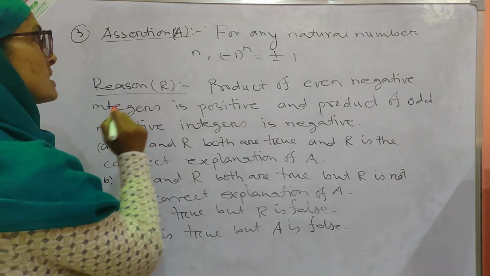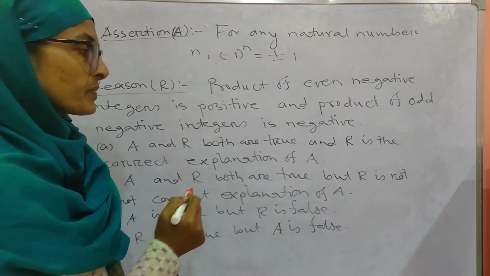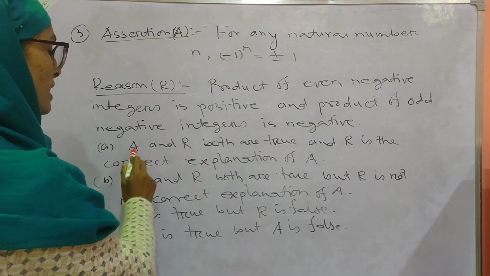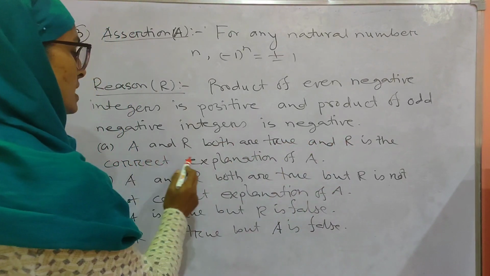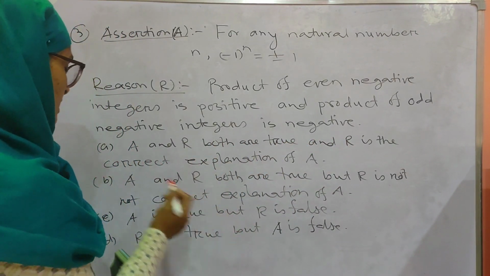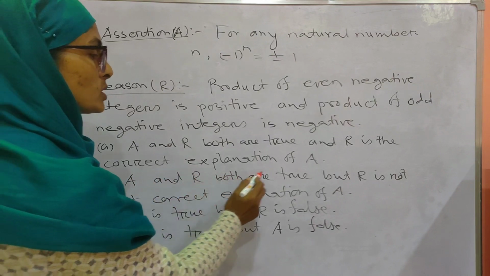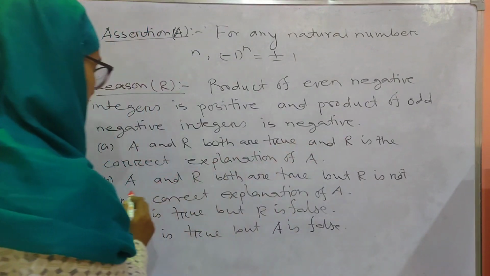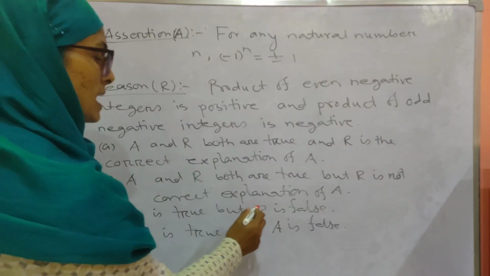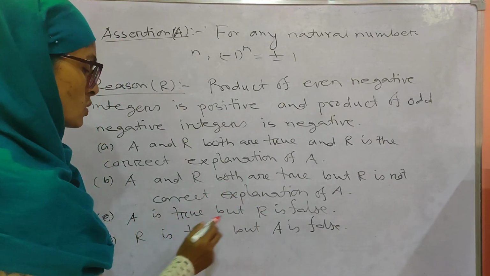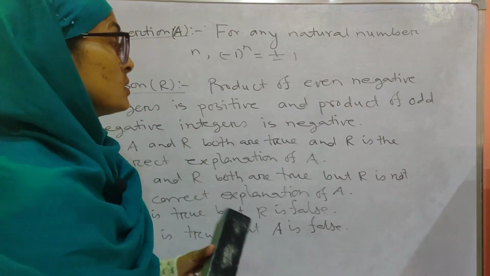Options are given. A and R both are true and R is the correct explanation of A. A and R both are true but R is not the correct explanation of A. A is true but R is false. R is true but A is false.